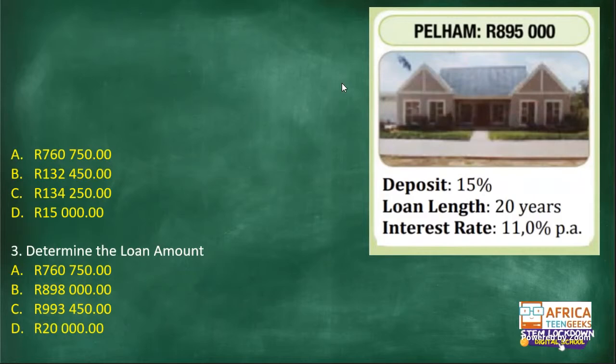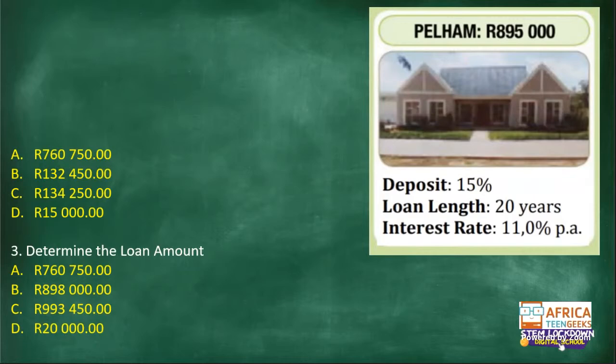Now, the second question there will be the loan. What will be the loan amount? So remember, now that you will have paid the deposit of 15%, now calculate the loan amount.